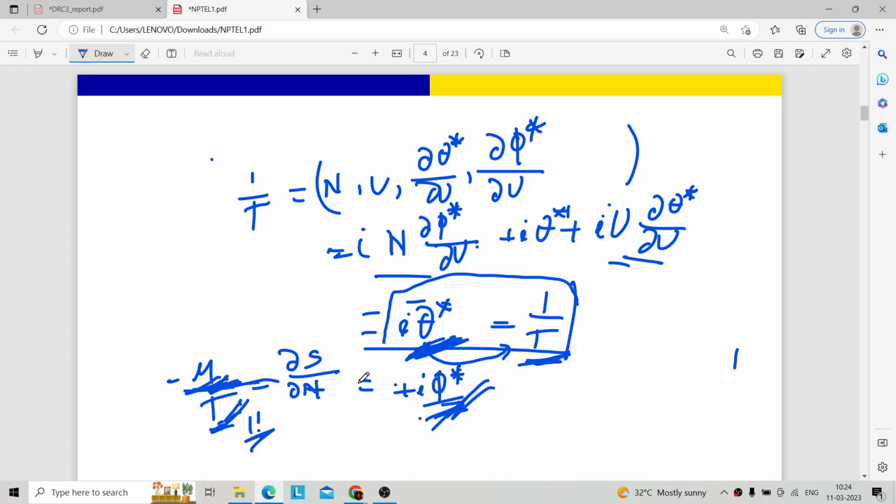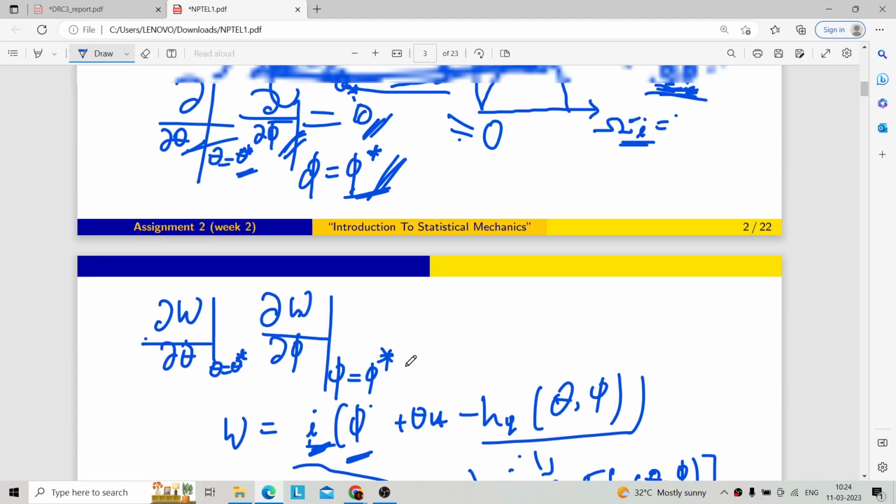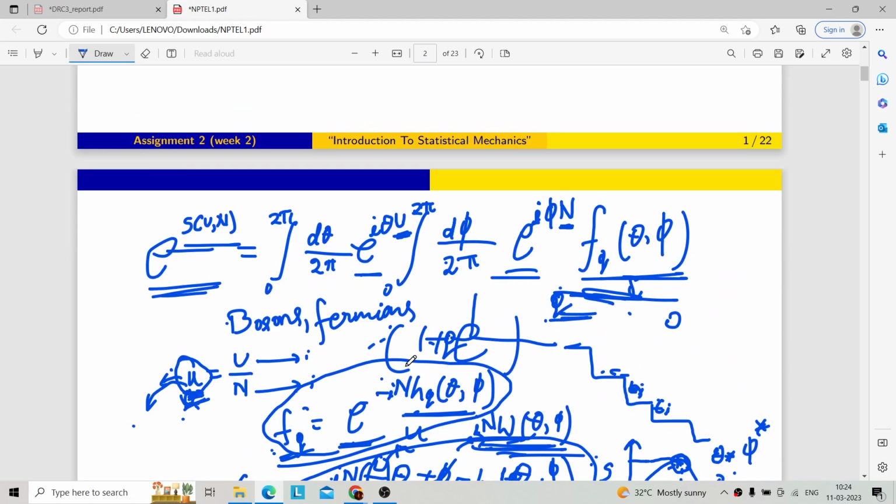So we started from some abstract form of entropy. Actually this is the number of microstates. If you take the logarithm of this term, you will get entropy. So for the total number of microstates, we have some abstract form for bosons and fermions.